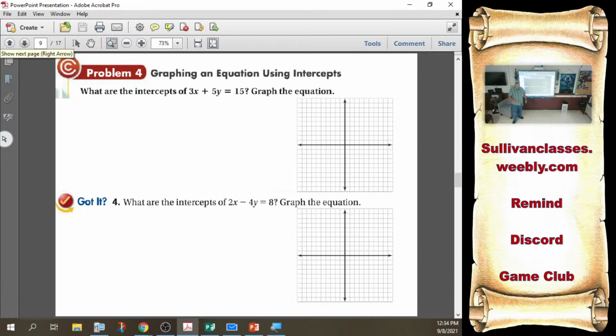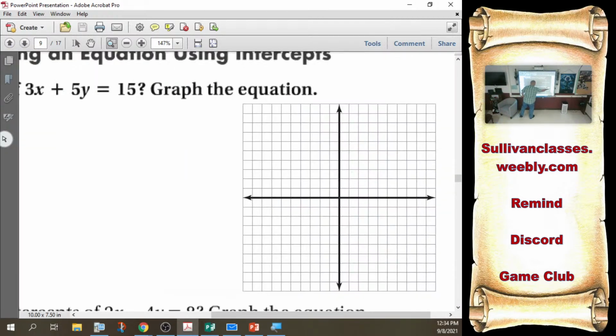Okay, graphing. I kind of talked about this before. You can graph by intercepts when things are in standard form. Real quick trick. Everything on the x-axis is (x, 0), and everything on the y-axis is (0, y).